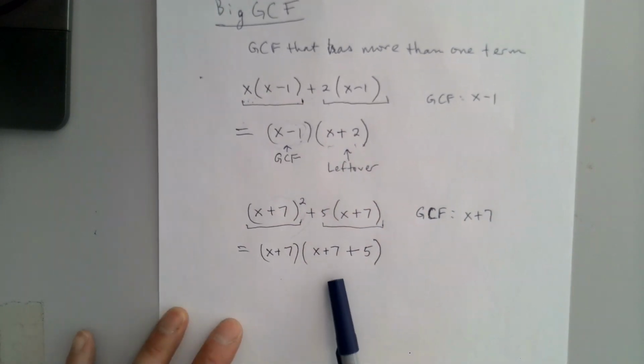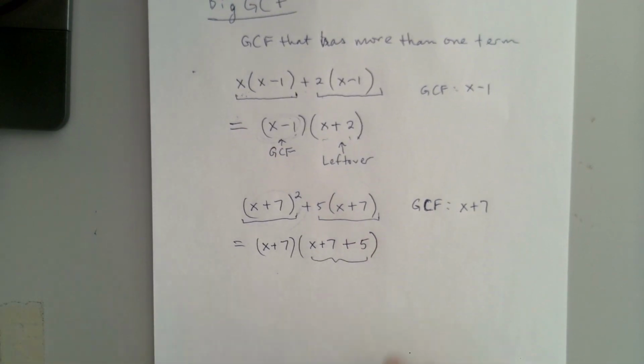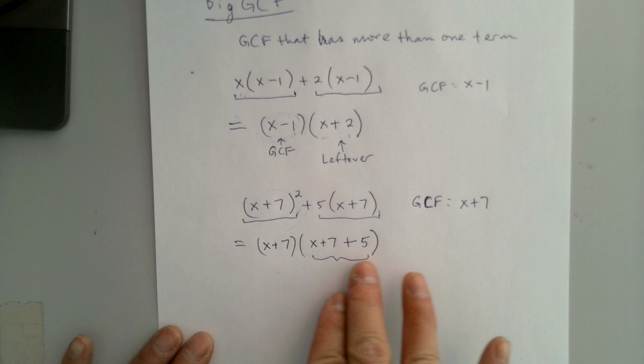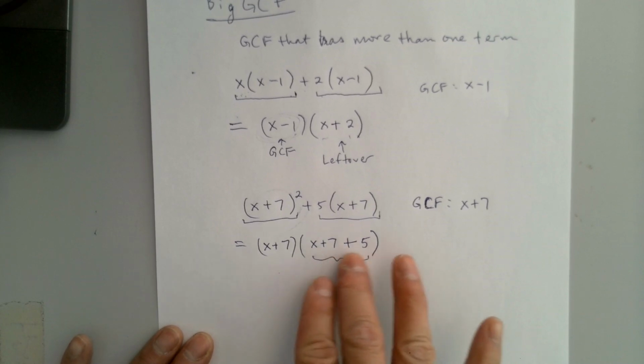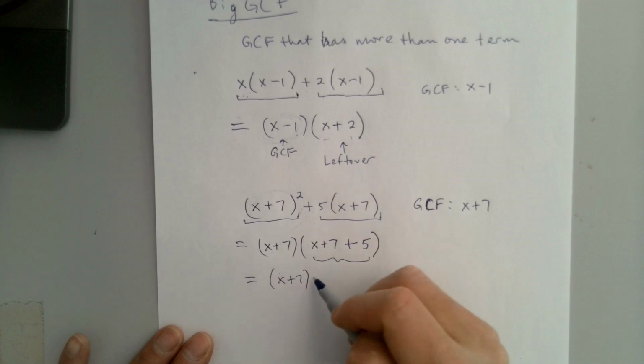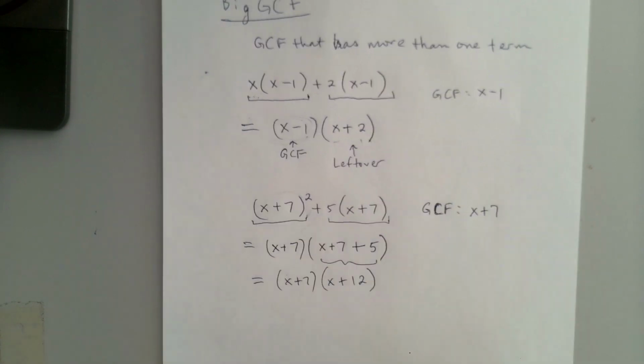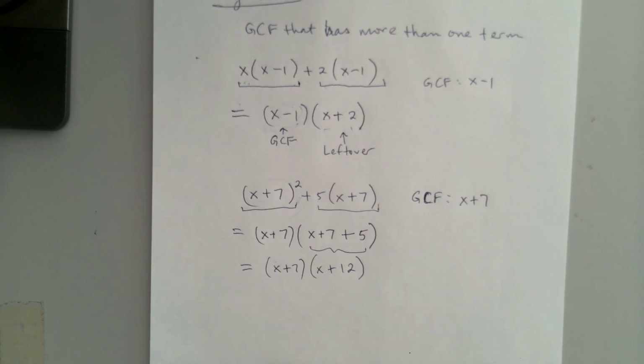Now what's interesting here is that inside this second set of parentheses, it looks like there's something that you can simplify. The 7 and the 5, 7 plus 5, and you must do that, of course. X plus 12 is what you get in the second set of parentheses.